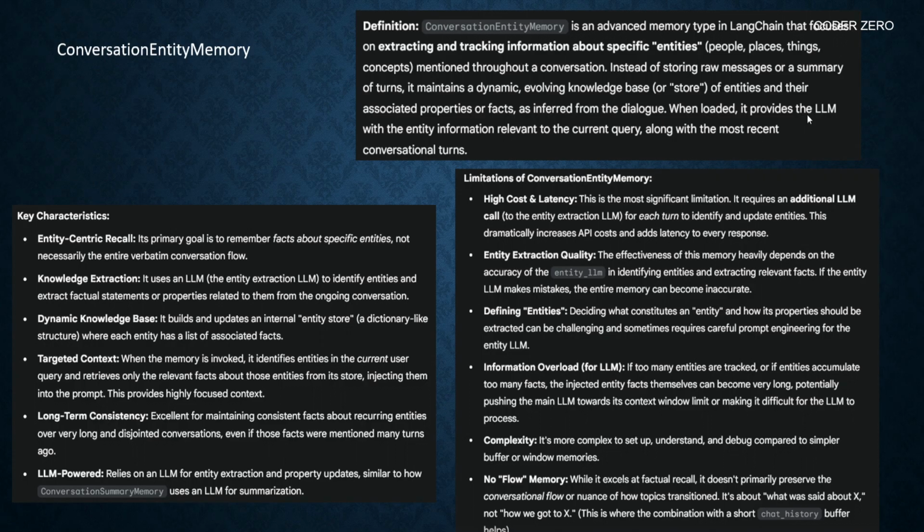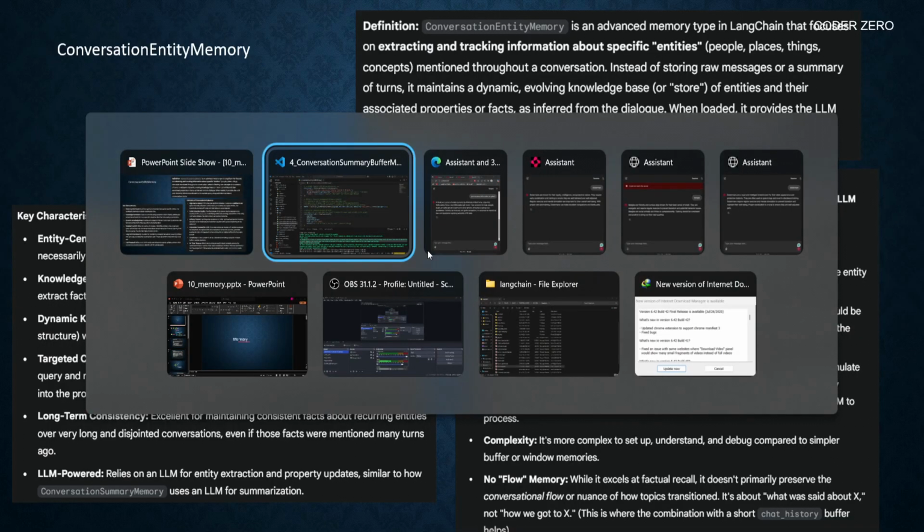When loaded, it provides the LLM with the entity information relevant to the current query, along with the most recent conversational turns. So basically here we are not doing any summarization, we are not sliding a window. Here we are detecting important entities and storing all the information related to those entities. So let's see this in action.